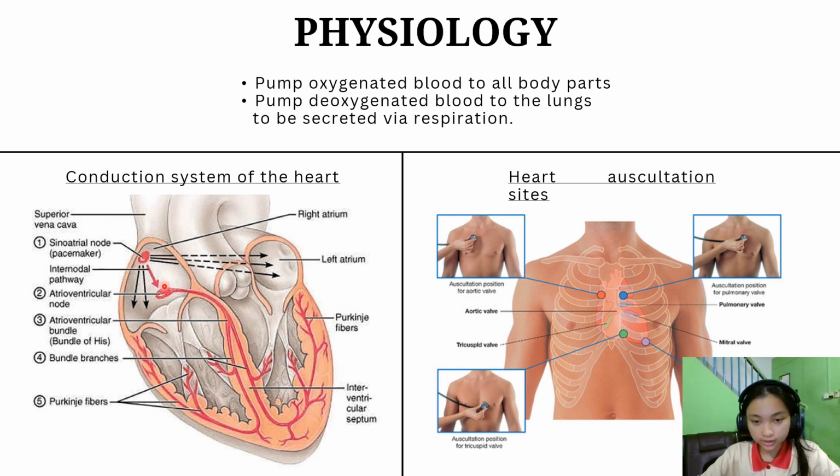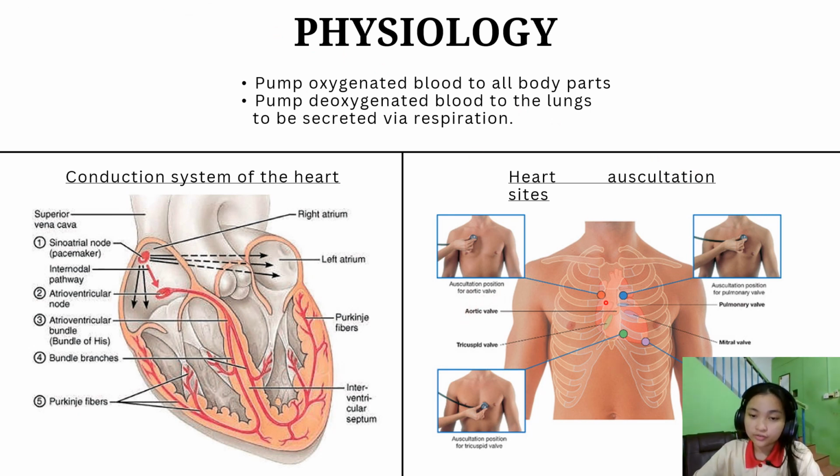The impulses will then reach the AV node, then travel along the bundle of His and Purkinje fibers, initiating ventricular contractions. This electrical conduction ensures an efficient and synchronized heartbeat, which we can listen to at the heart auscultation sites by using a stethoscope.